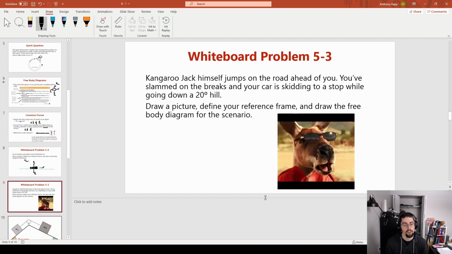Consider all the different forces that might be acting here. Draw them, label them, have as many details on your picture as you can that you think is going to be helpful and useful. I'm going to say take the next 4 or 5 minutes on this one. And then we'll take a look and we'll compare pictures, and I'll talk about what I've got and why. But 4 or 5 minutes, and then we'll come back and check.